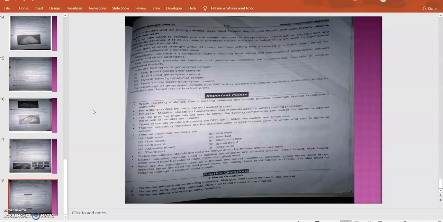Geopolymer concrete is the material resulting from mixing and hardening geopolymer cement with water and stone aggregate. Both materials, geopolymer cement and geopolymer concrete, are commercially available in various international markets.